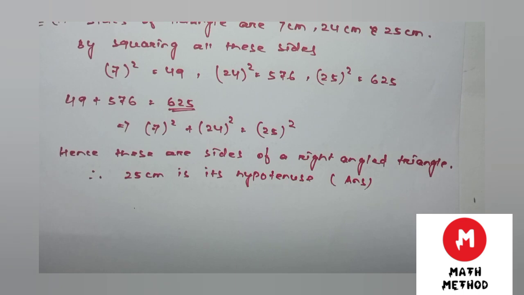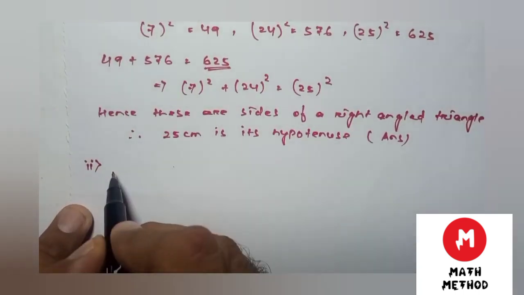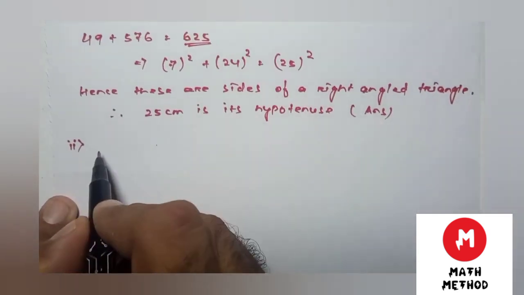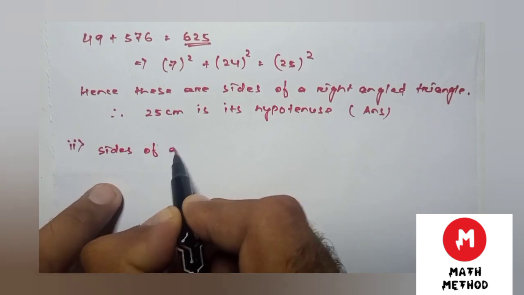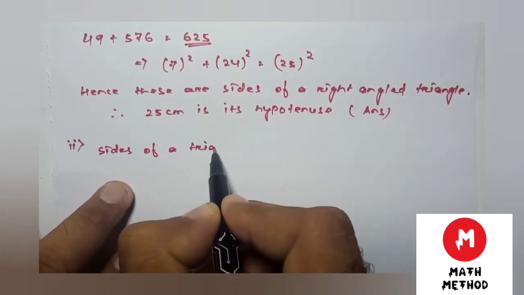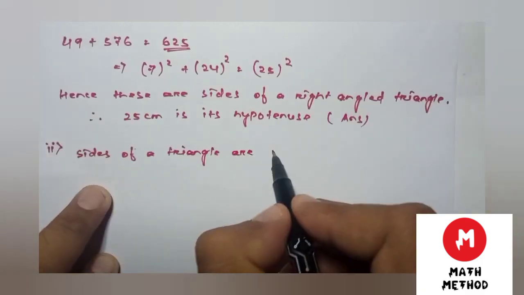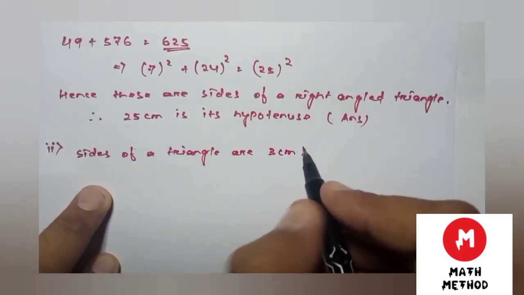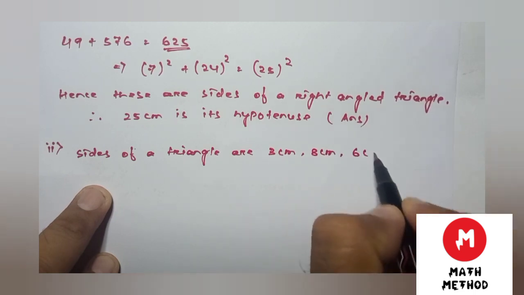Now part 2, which says the sides of a triangle are given as 3 cm, 8 cm and 6 cm.